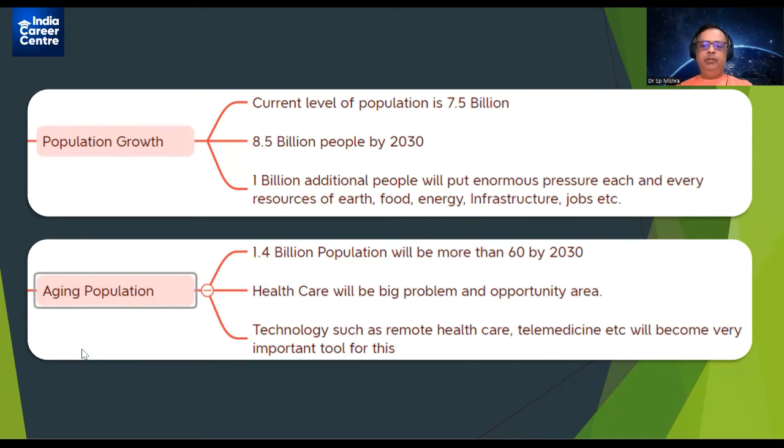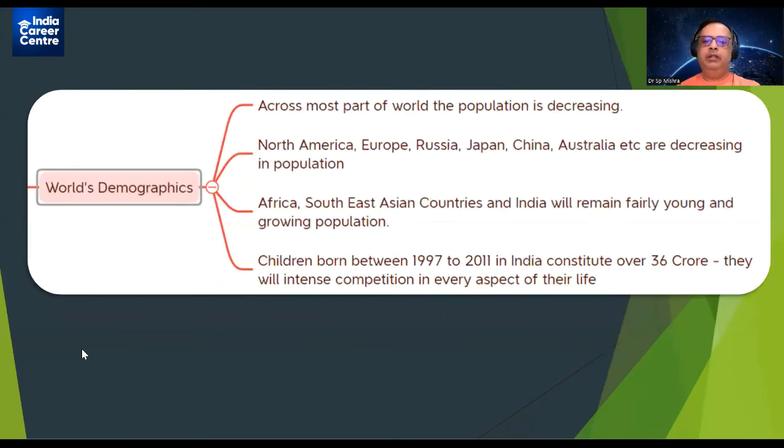So healthcare will be a big area of concern as well as opportunity. To handle it, a lot of technology will have to be used in healthcare. Use of IoT, use of telemedicine, etc., will become very important tools to handle the healthcare industry in the future years.